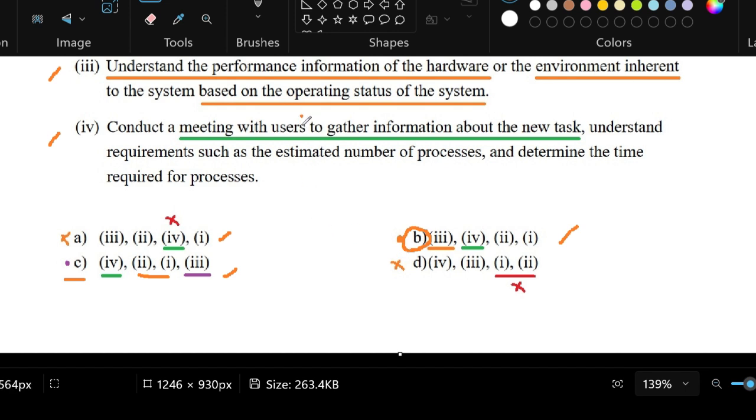first understand the performance information of the hardware and the environment inherent to the system based on the operating status of the system.